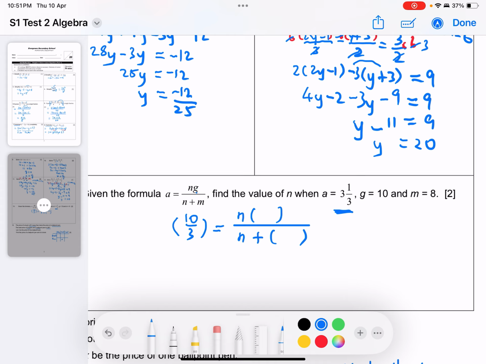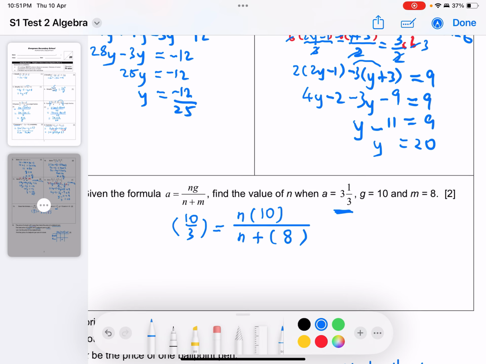Like N times G, right? G is what we want to substitute. We open the bracket for it. M is what we want to substitute, so that is another bracket. And A is what we want to substitute, so we have a bracket for it. Okay, we use brackets for substitution. So N times G, G is 10, and M is 8.